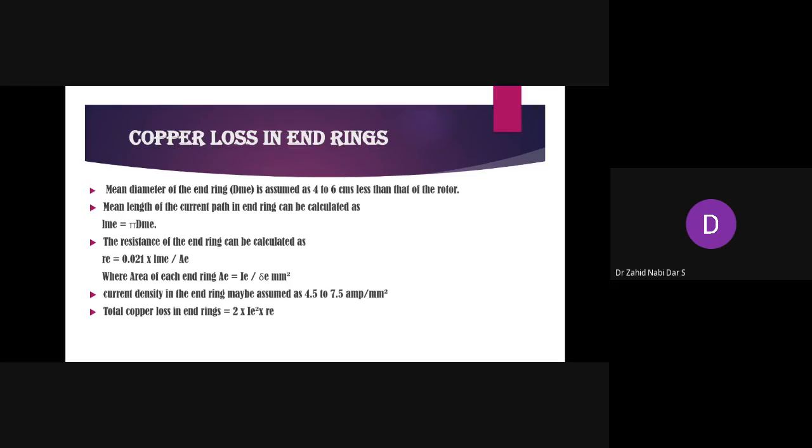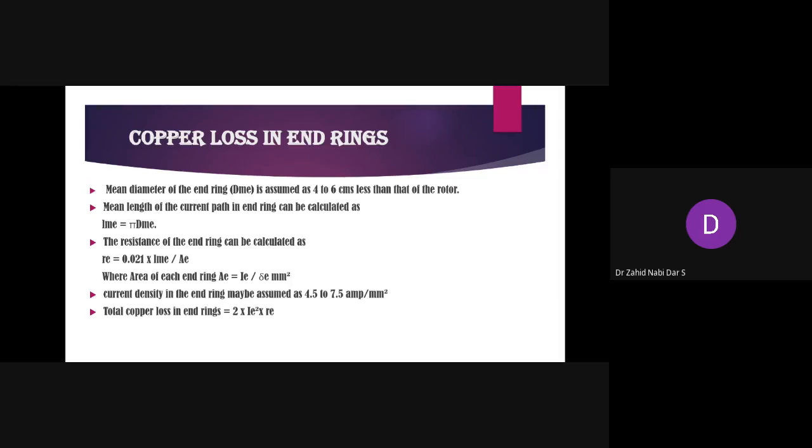Mean diameter of end ring DME is assumed to be 4 to 6 centimeters, which is less than the rotor. Mean length of the current path in end ring is given as LME equal to pi DME, where DME is the mean diameter of end ring. The resistance of end ring RE is 0.021 into LME divided by AE.